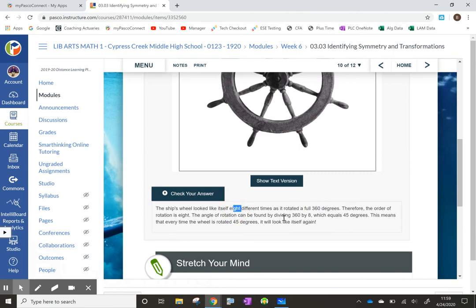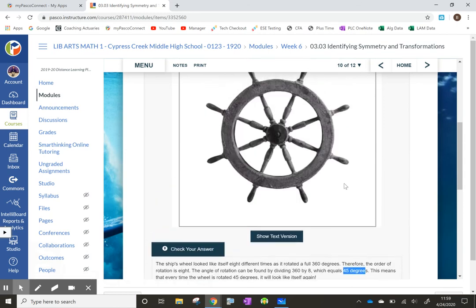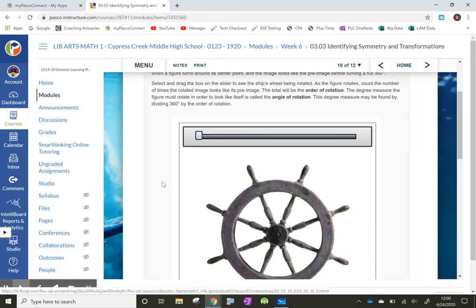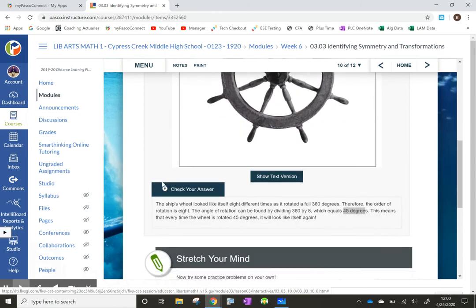And when you do that, 360 divided by 8 becomes 45 degrees, meaning that if you turn the wheel 45 degrees, that creates the exact same image again. So that's a 45-degree rotation to go from one image to the next. So that's your angle of rotation. That's why our symmetry becomes very important.